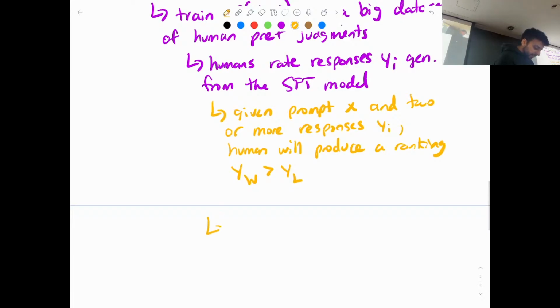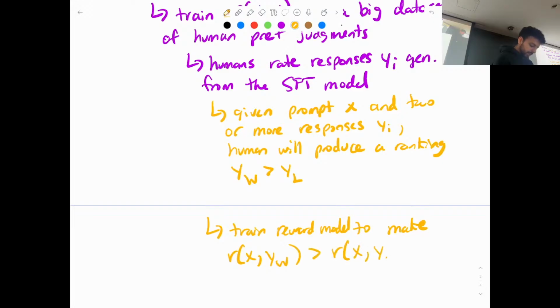Now, given these, we're going to train our reward model to make R(x, y_w) greater than R(x, y_l). And we discussed the Bradley-Terry loss that comes from that as the way that we actually train this reward model.